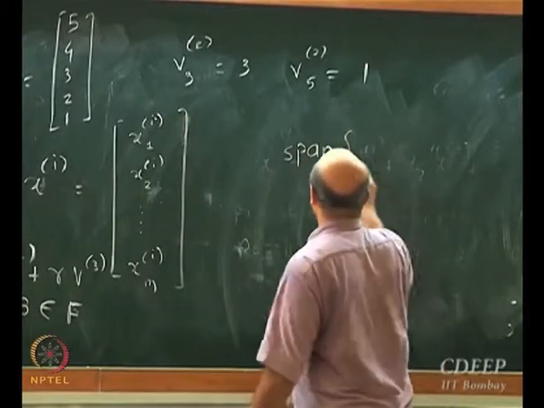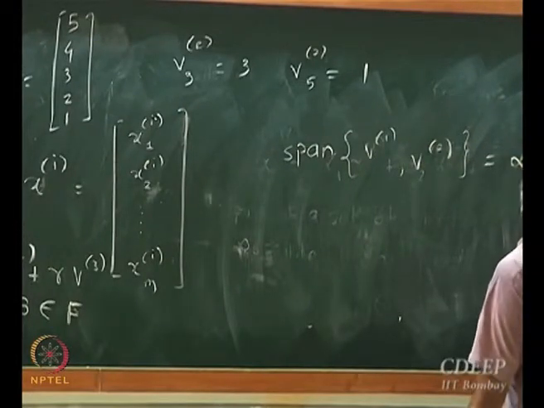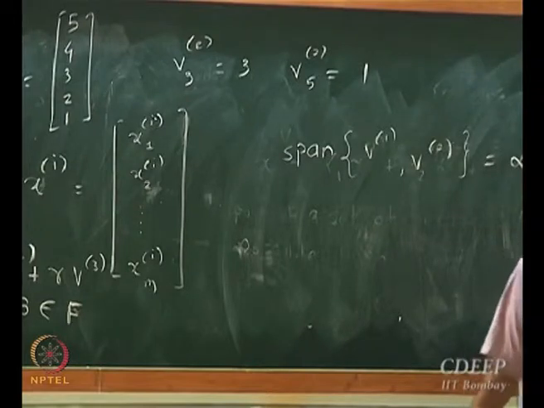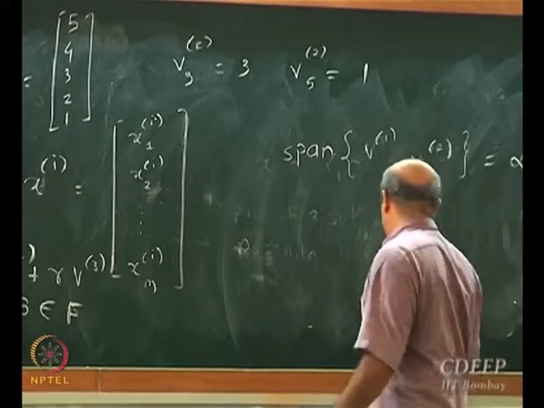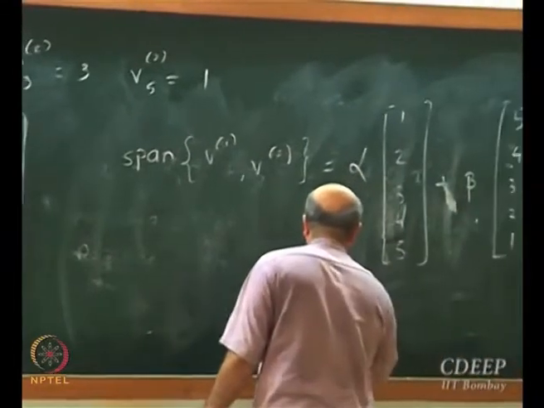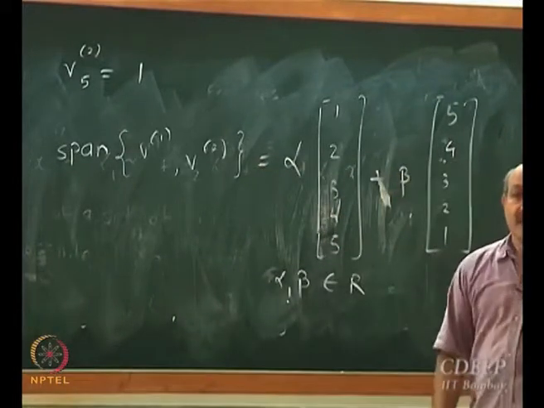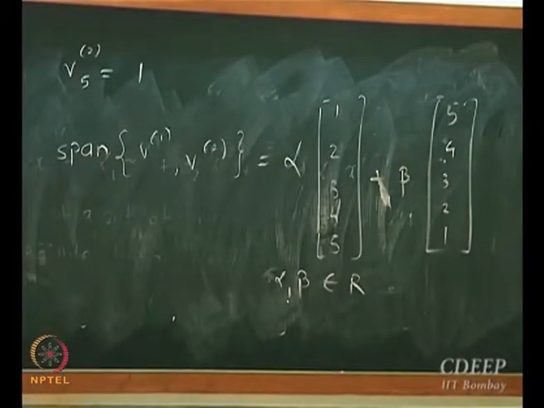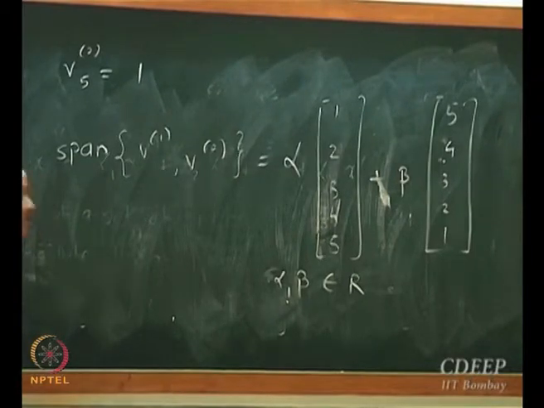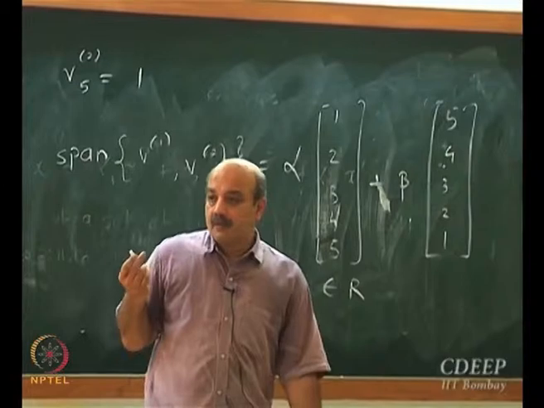If I take the span of V1, V2, it is alpha times (1, 2, 3, 4, 5) plus beta times (5, 4, 3, 2, 1) for alpha, beta belonging to R. All possible linear combinations of these two vectors is called the span of these two vectors, and this span will be nothing but a two-dimensional subspace of R5.